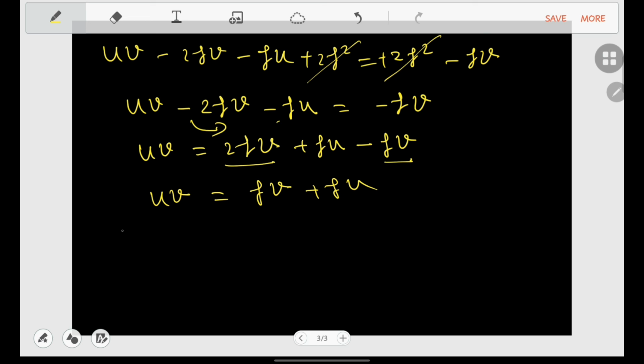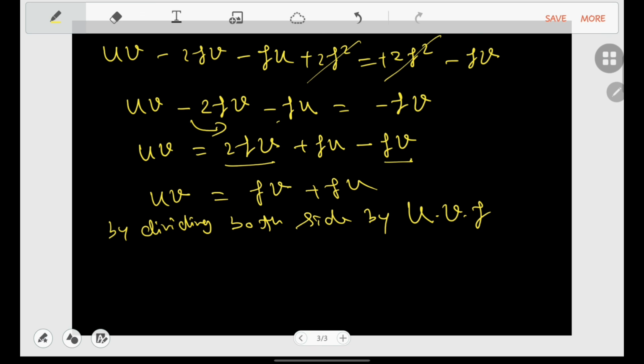Now we divide both sides by U into V into F. On both sides we divide, so it doesn't change anything.